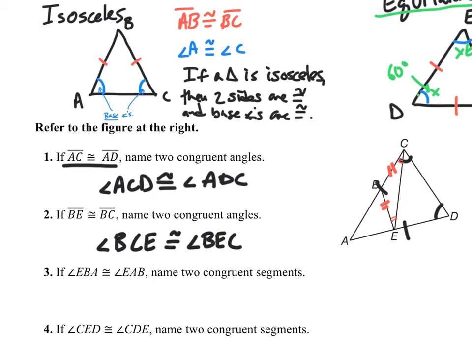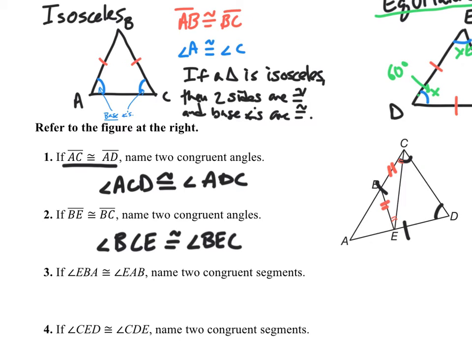On the next one, if angle EBA, which is right here, is congruent to EAB, name the two congruent segments.